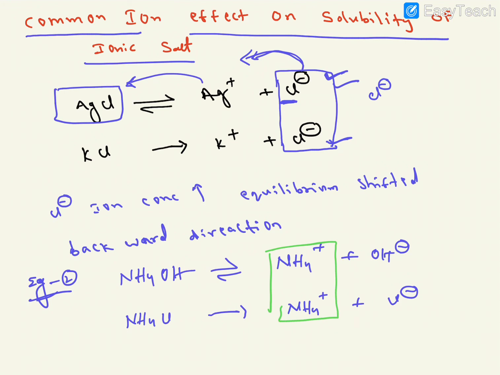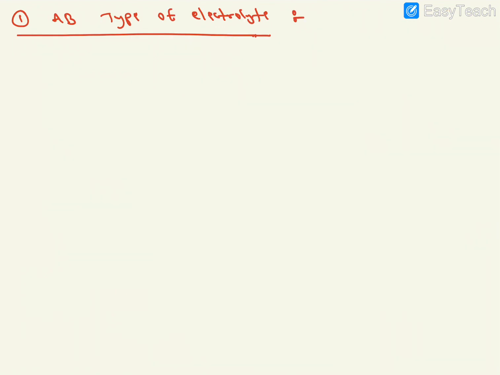So in this case these two are common ions. As the concentration of ammonium ion increases, it readily combines with OH and the reaction goes backward. In that case we can neglect the ammonium ion concentration from NH4OH because it combines with OH. I hope it is clear.